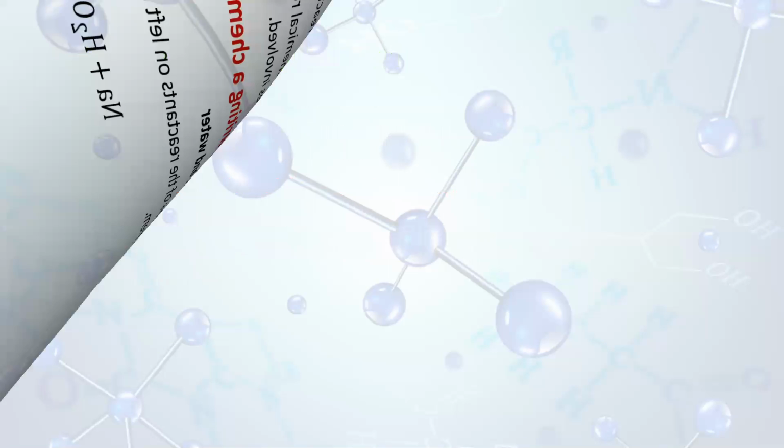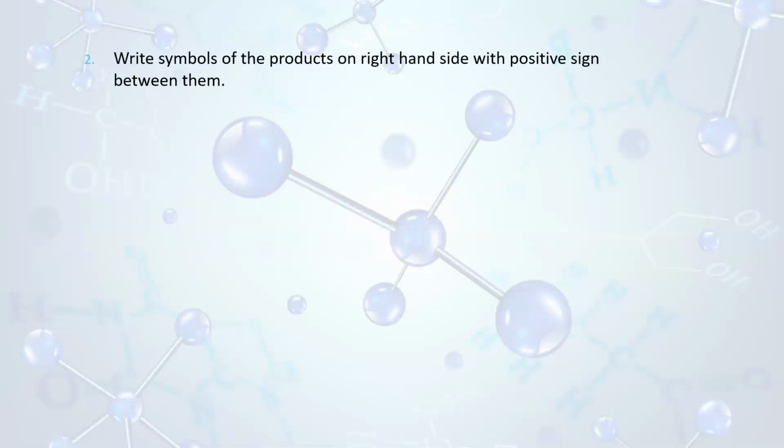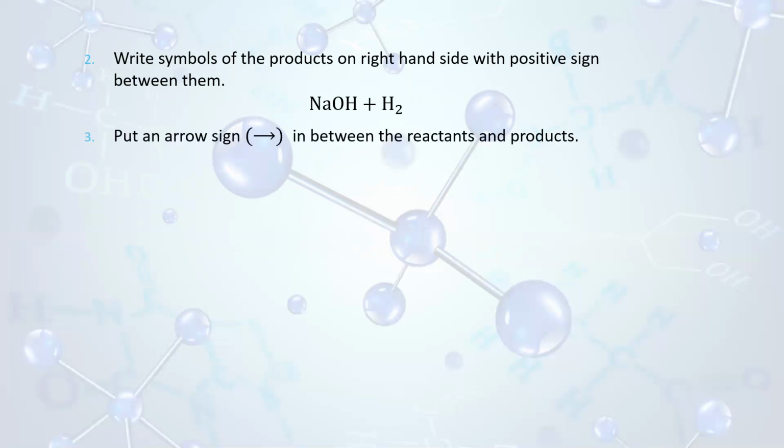In the second step, we have to write the products, that are sodium hydroxide and hydrogen. Formula for sodium hydroxide is NaOH and for hydrogen is H2. Finally, put an arrow mark between the reactants and the products.